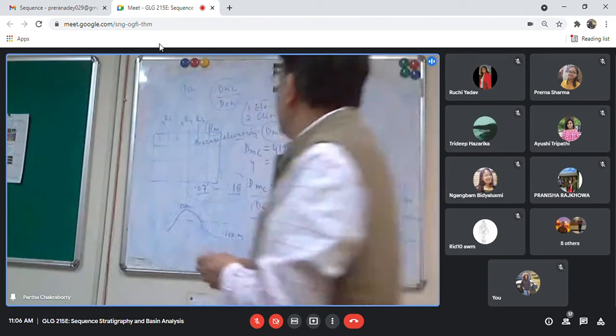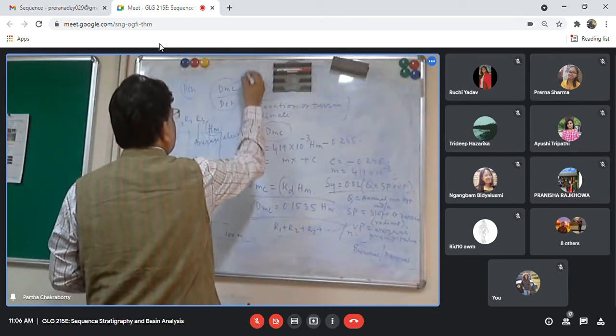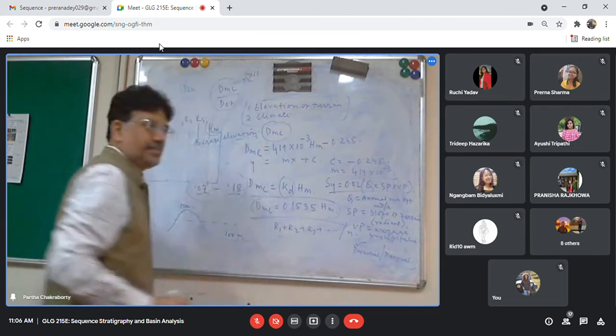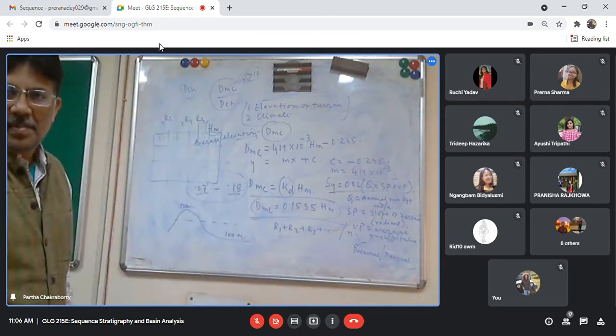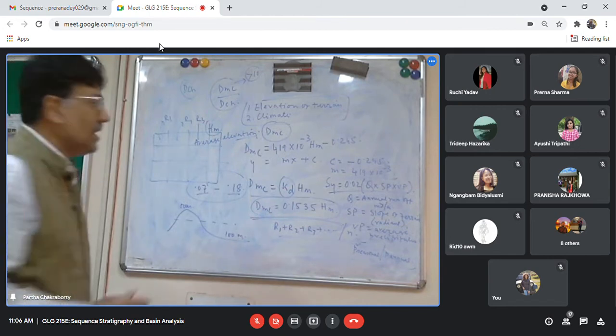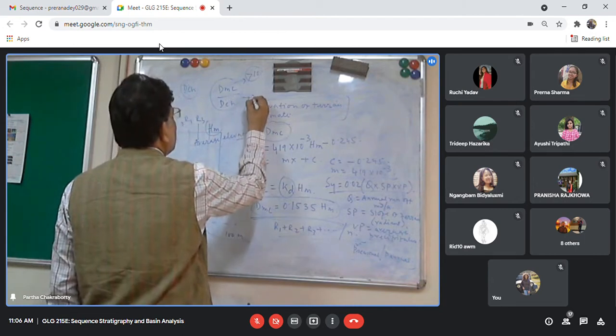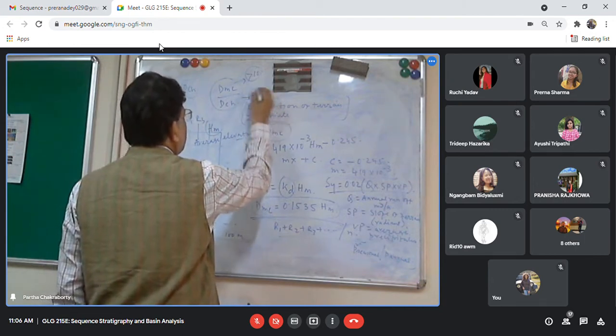That means I can have this ratio more than 10. In the case of a large river like the Ganges or Brahmaputra, this ratio varies between 20 to 40.